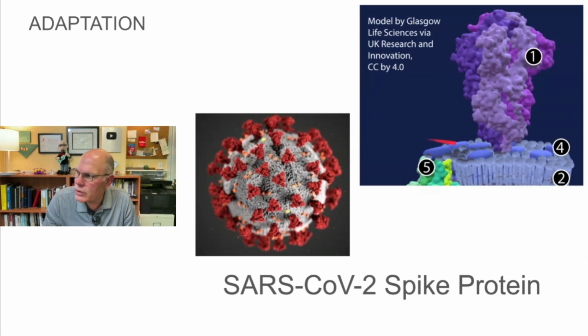This spike protein, which is shown over here in a very enlarged 3D model, has a very specific shape, and that specific shape enables the spike protein to bind with a molecule. It's called the ACE enzyme that's on the surface of our epithelial tissues.